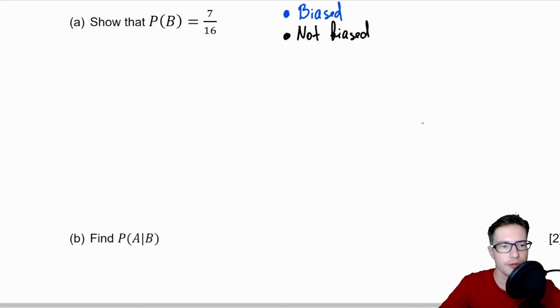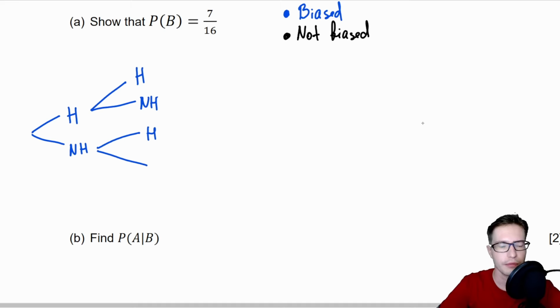So first, let me start drawing the diagram from the biased coin. It can show either head or tail, which is not head. And the same happens for the second biased coin. Either head or not head. Now the biased coin shows head with a probability of 1/4. So this one is a quarter.